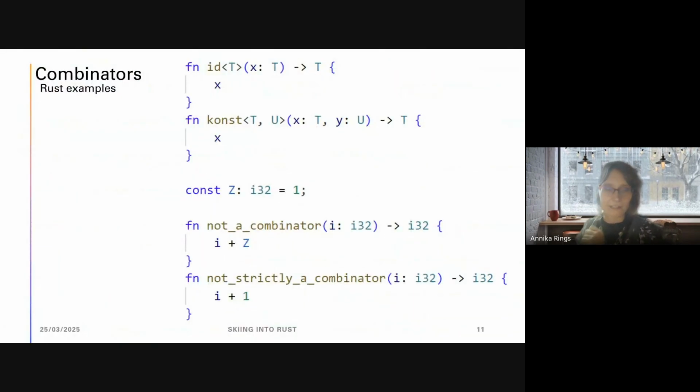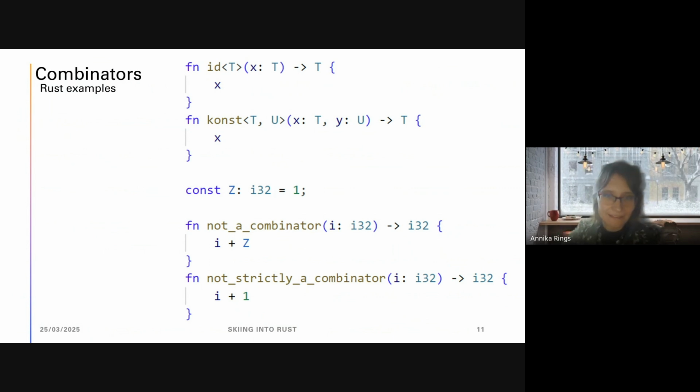To give a few examples in Rust syntax, this first function id takes an argument x and just returns it. That is a combinator. The second one, which I called const with a K because const with a C is a keyword in Rust, takes 2 arguments and returns the first, and discards the second.